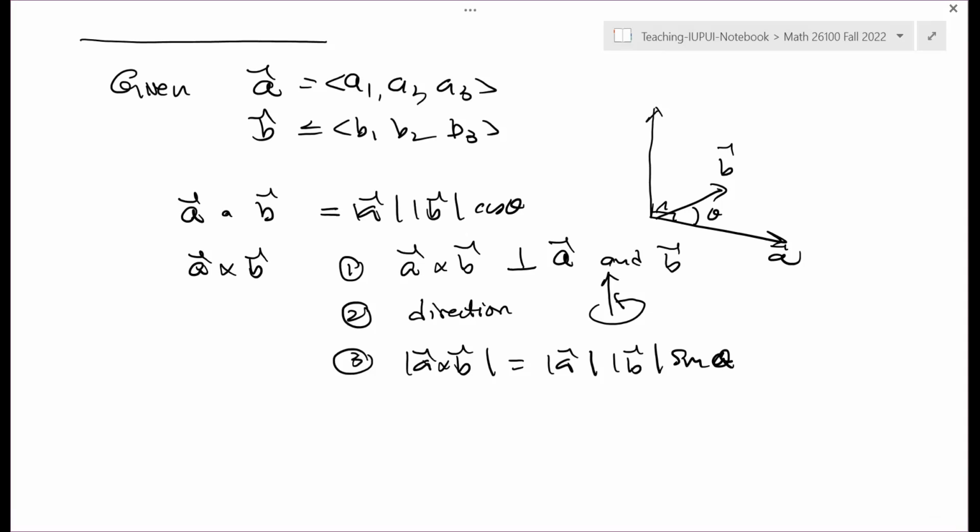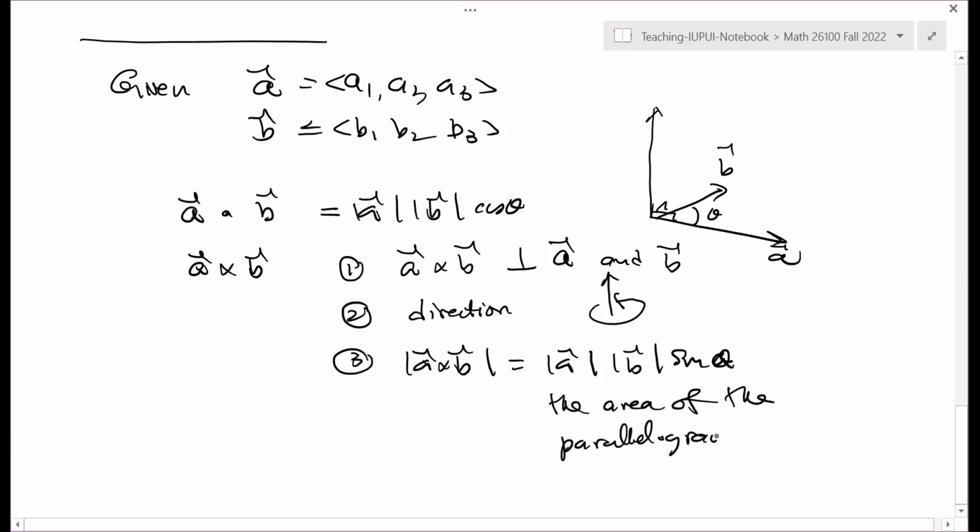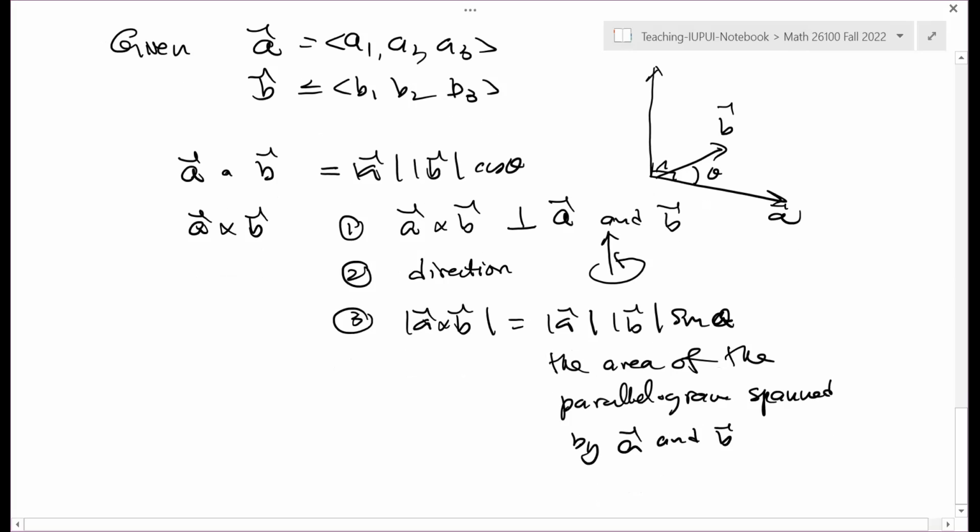Now the geometric meaning of this is the area of the parallelogram spanned by the vectors A and B. Just because the length of B times sine theta becomes the height of the parallelogram. The base times height gives you the area of the parallelogram.